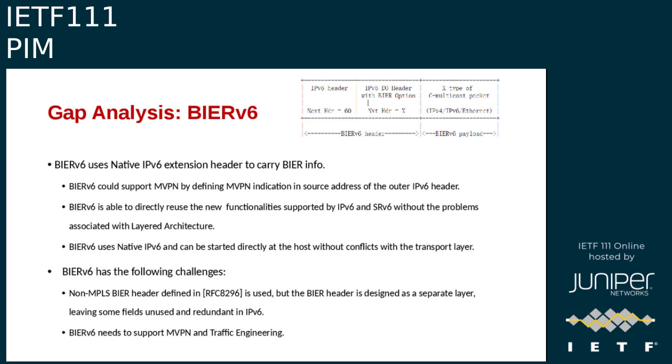Okay, this is because some of this work is in the PIM working group, using the routing header to encapsulate the multicast tree based on the SRv6 segment. So I think this work is related to SRv6, so we think this should be discussed in the PIM working group.